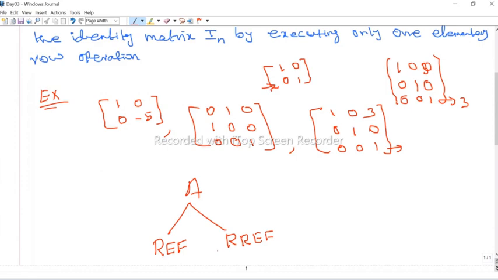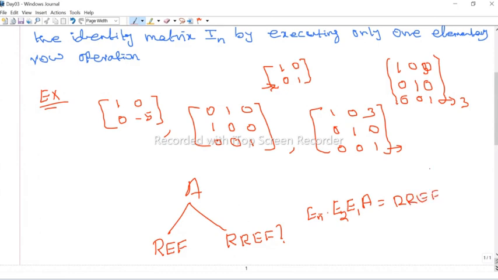How do we get it? Take A and multiply by some elementary matrix E1, then by another elementary matrix, and so on. After a finite number of elementary matrices, you get the row reduced echelon form.